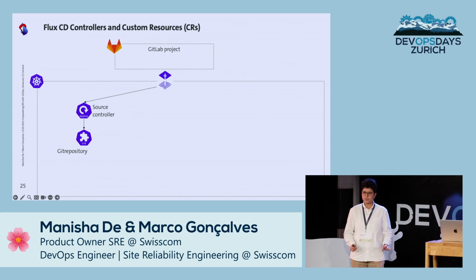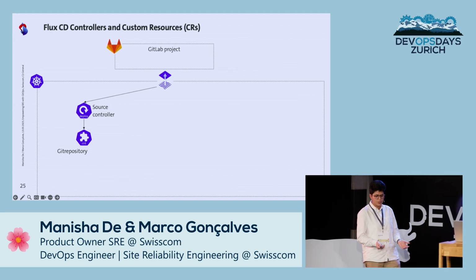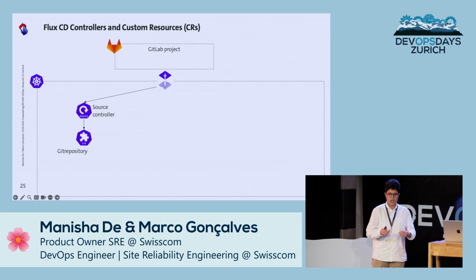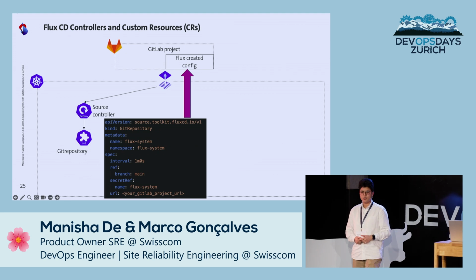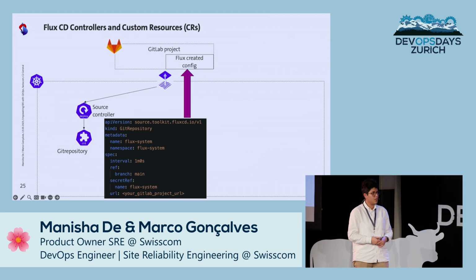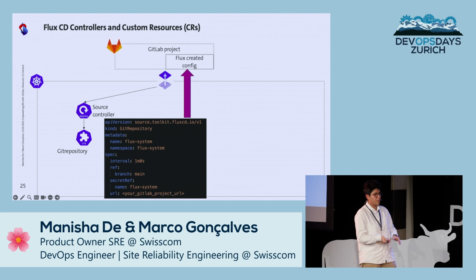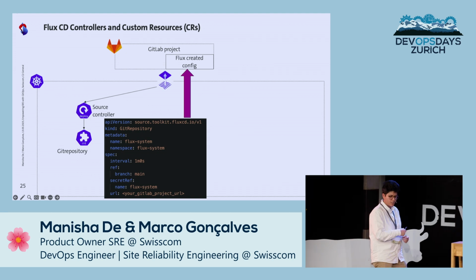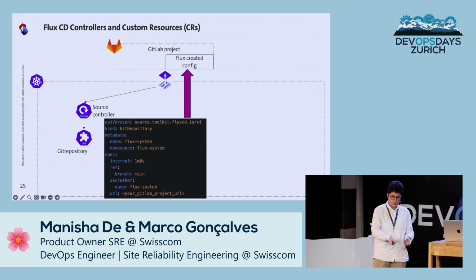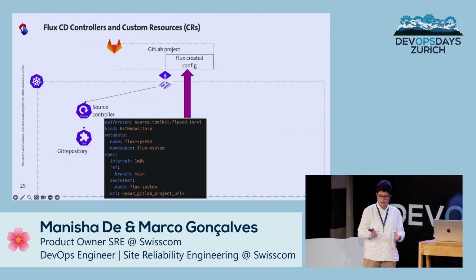Important: none of these configs is something that we have to manually build. It's an outcome of the bootstrapping process. But we need to see how this is configured in order to understand how Flux is applying our changes to the cluster. As you see here, it's a custom resource which has a particular namespace.